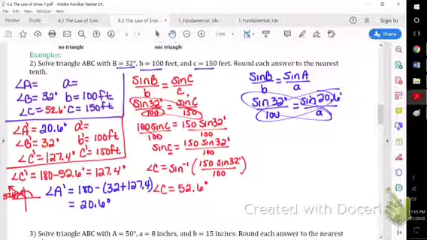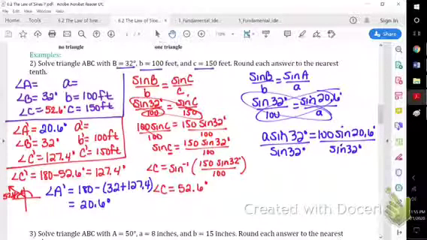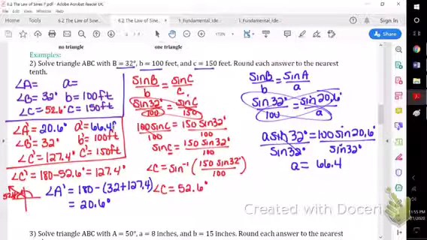We're going to cross multiply and divide. And so A is equal to 100 times sine of 20.6 degrees, all divided by sine of 32 degrees, which gives us 66.4. So I know side A prime there is 66.4 feet.